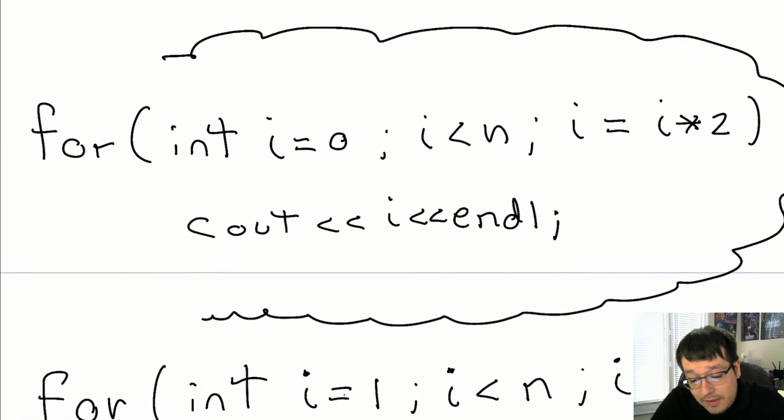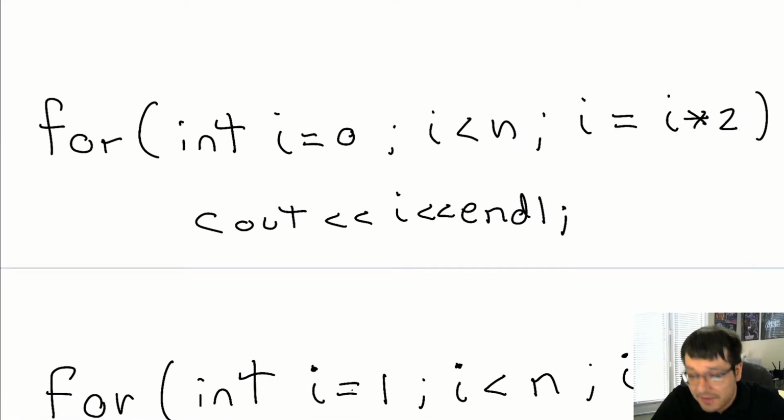So, does anyone have any guesses as to what the time complexity of this one is? Someone's saying it's O of constant. I wouldn't say that. I would flat out say it's O of 0 the way it's written, because 0 times 2 is 0.